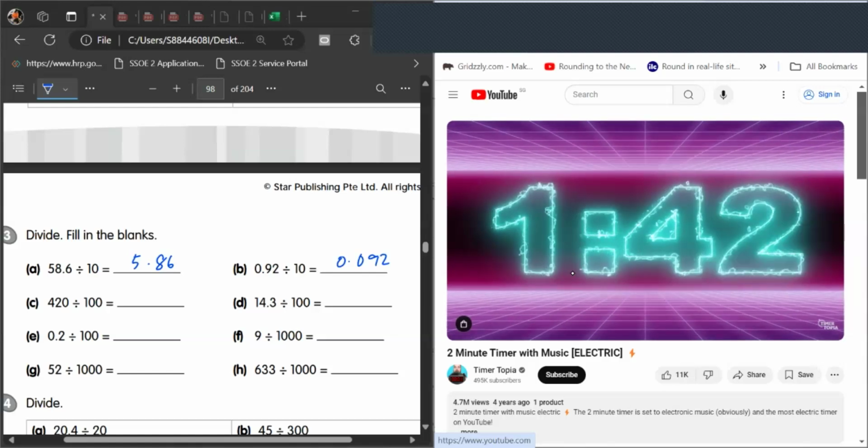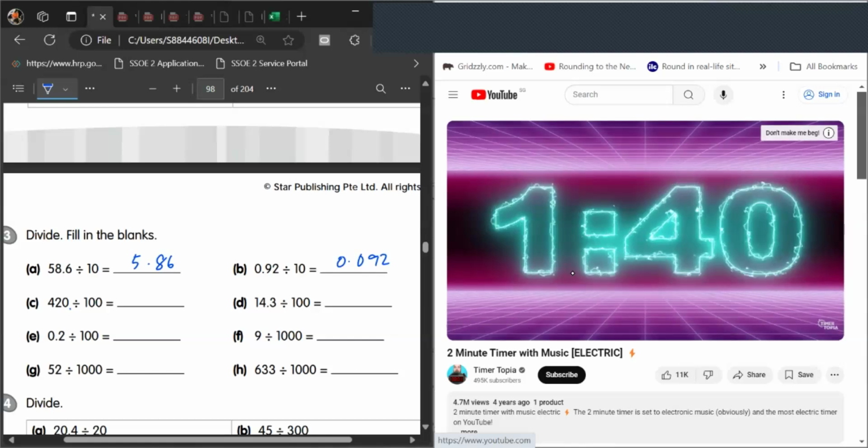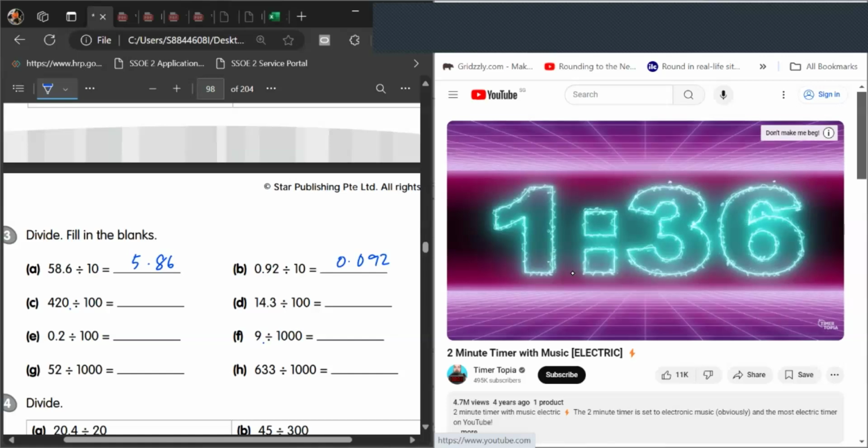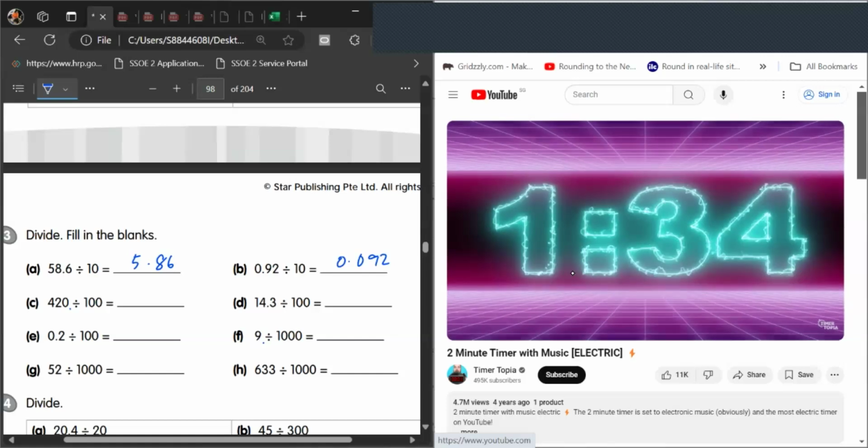Okay, remember to insert your own decimal point if it doesn't have a decimal point. For example, 9 is 9.0. The decimal point is after 9.